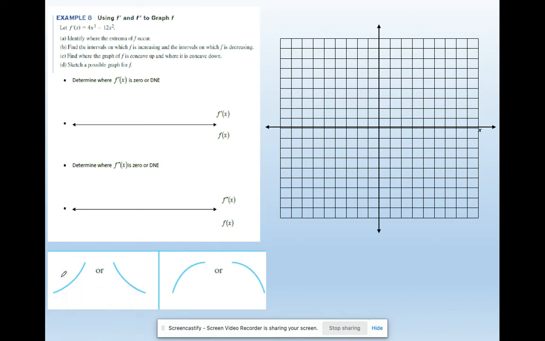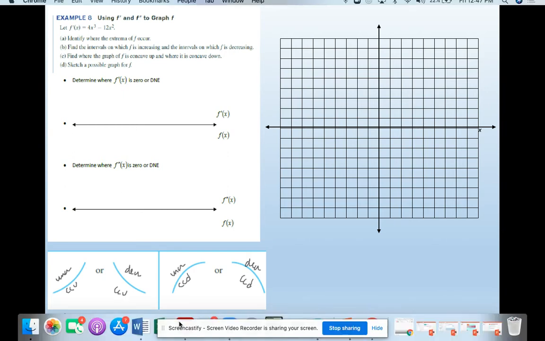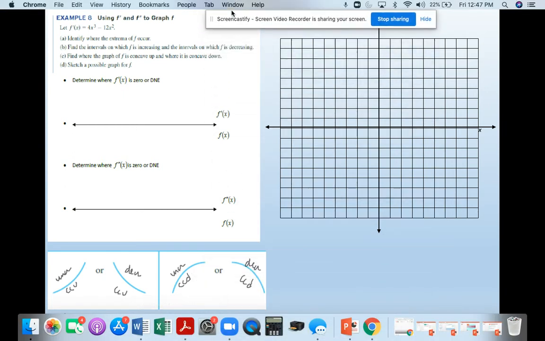And I did this in a last video. Either you are increasing and concave up, or you are decreasing and concave up, increasing, concave down, or decreasing, concave down. And those correspond with the signs of your derivative.